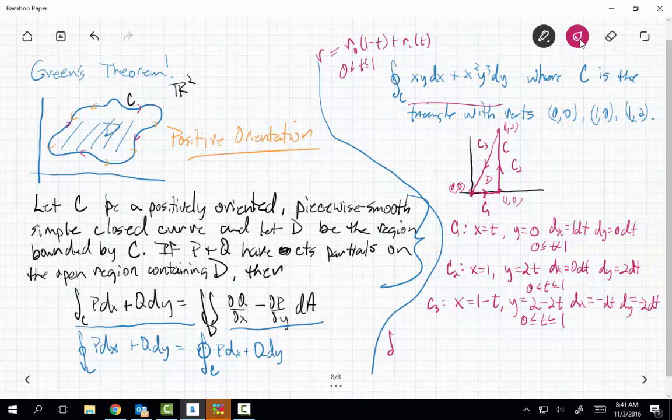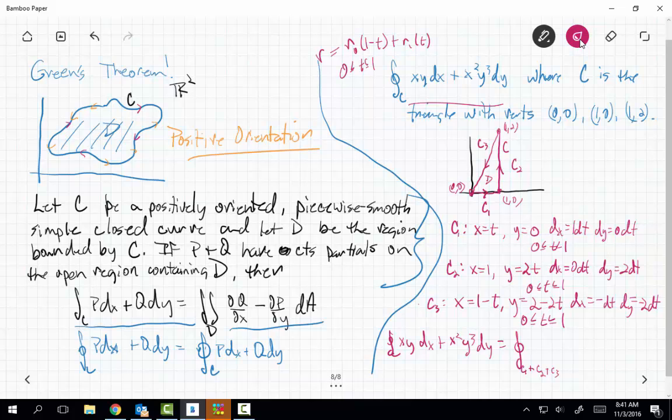So the line integral over C of xy dx plus x squared y cubed dy is going to equal the positively oriented closed line integral over C. But instead of C, because it's piecewise smooth, we have to go C1 plus C2 plus C3, right?